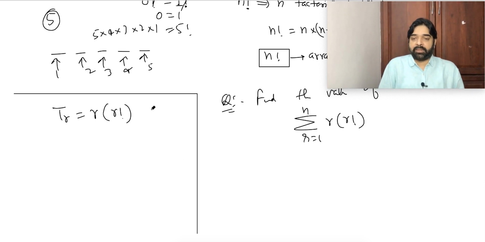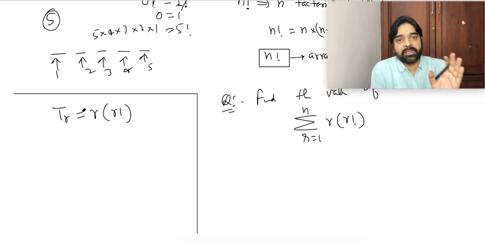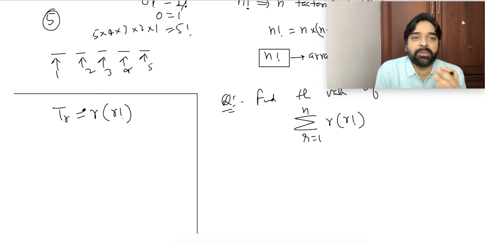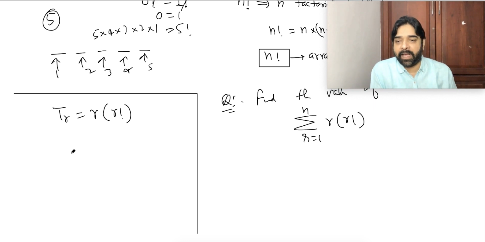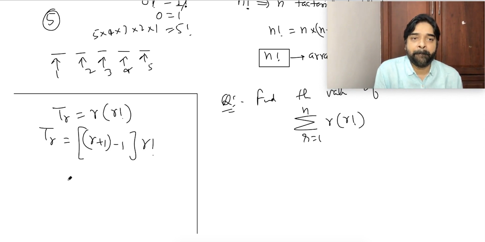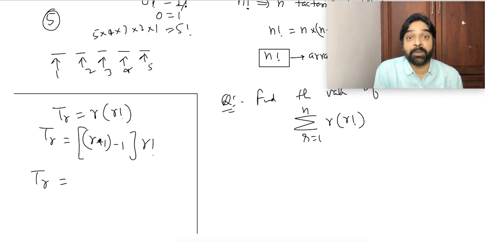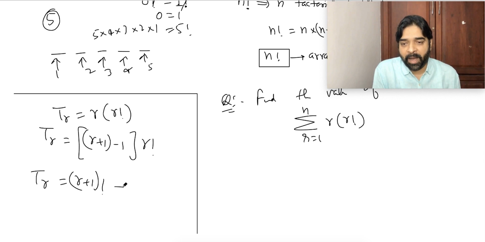Whenever any unknown kind of thing comes, always try to split the rth term into a sum or subtraction of two numbers. Can I? Yes. Tr equals r plus 1 minus 1 into r factorial. Any problem? In place of r, I wrote r plus 1 minus 1. So Tr will be equal to r plus 1 into r factorial, which becomes r plus 1 factorial minus r factorial.